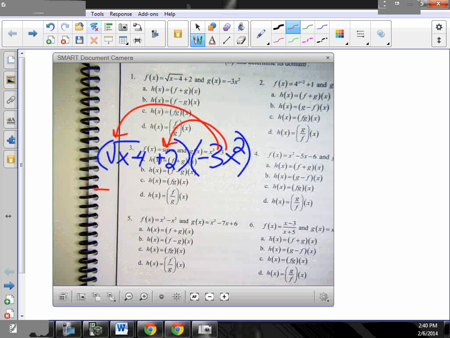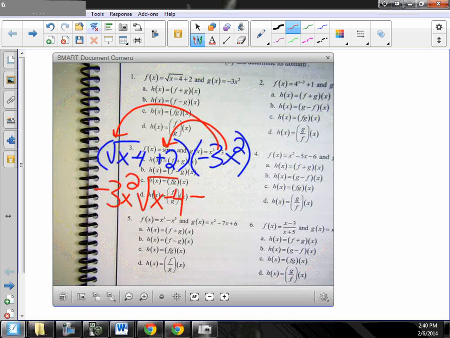So negative 3x squared square root of x minus 4 minus 6x squared. The domain, it's still x greater than or equal to 4.